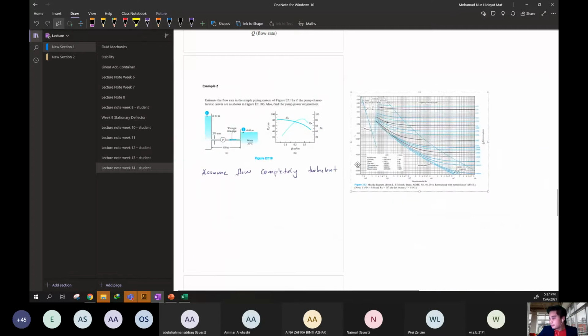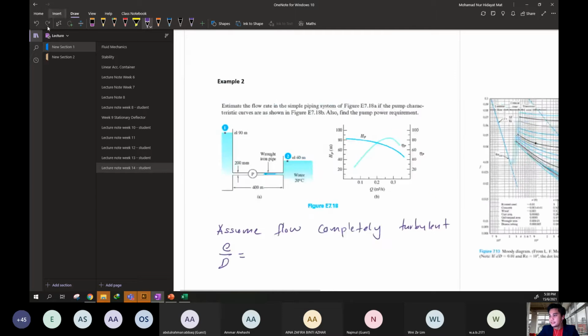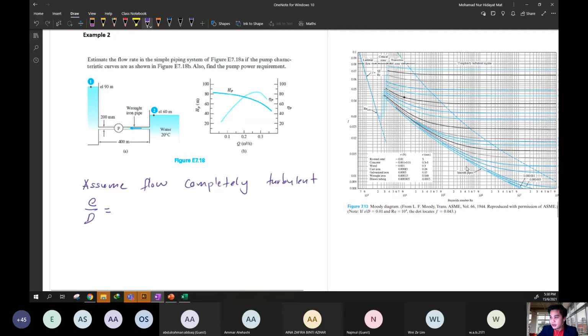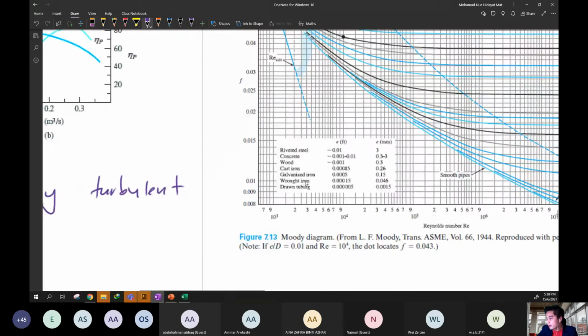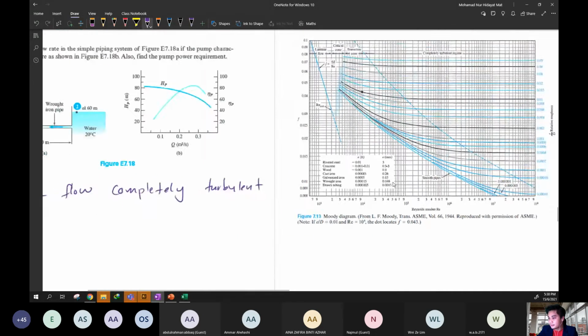To find the friction factor f, you need one more parameter, which is the relative roughness e over D. This is rough iron pipe, 0.046 millimeter.